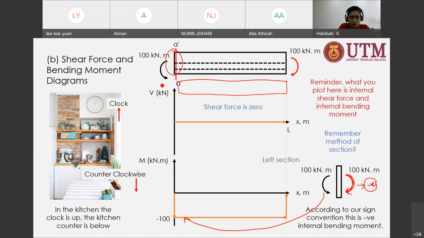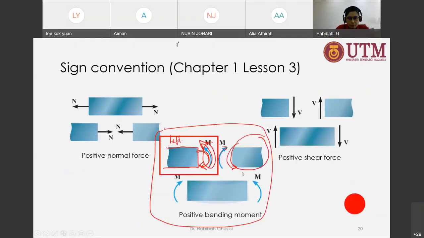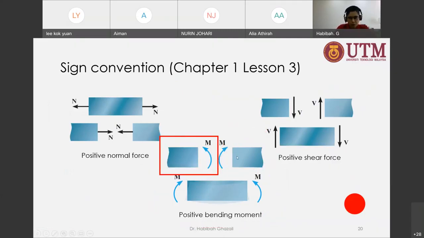According to Newton's third law, this one will go that way. It must be the same magnitude, but opposite direction. So this one is going this way. As you can see, according to our sign convention that we set up just now, this is positive. I made a mistake. All right, so this is positive going that way.